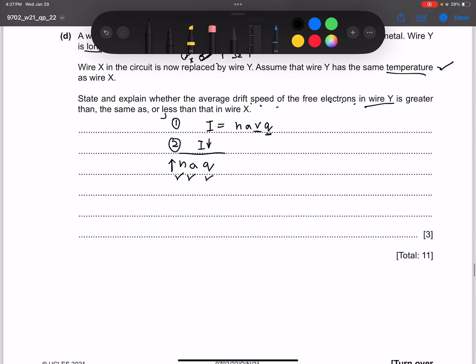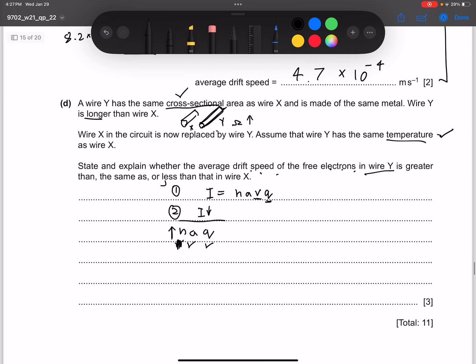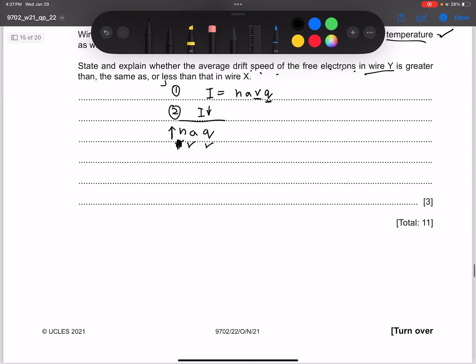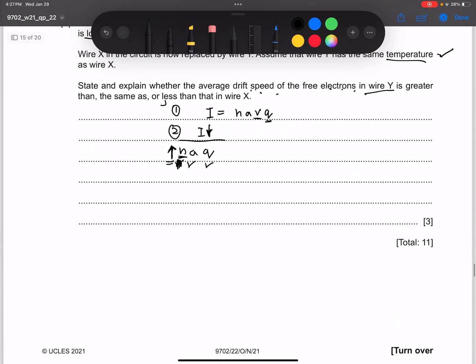Well, we don't know how many electrons are in, and these are maybe too many variables to consider, but I don't think this is needed. You need to mention N, but even with N increasing, it gives us the same result, which is that the drift speed decreases. Overall, the drift speed decreases because I decreases, right?